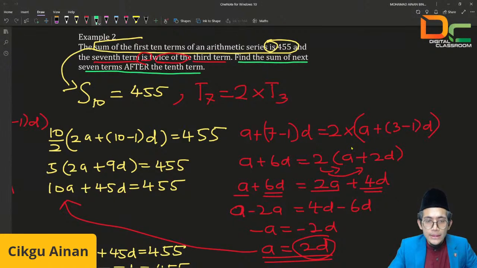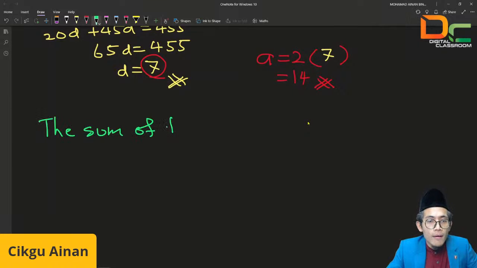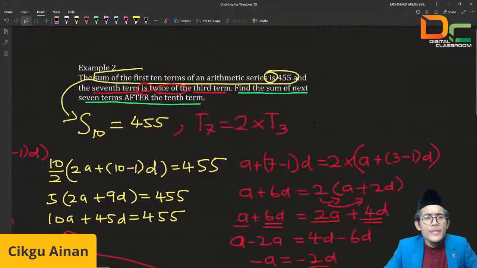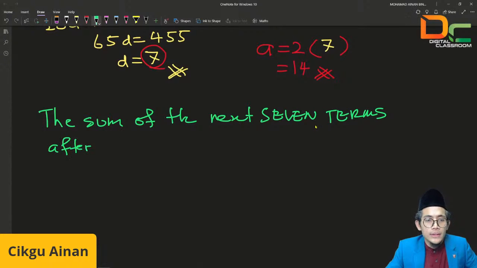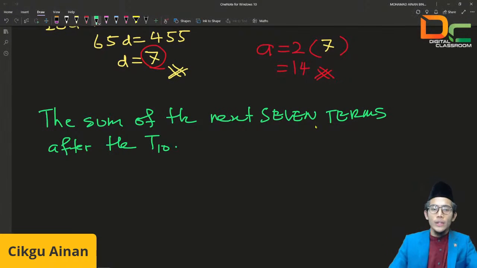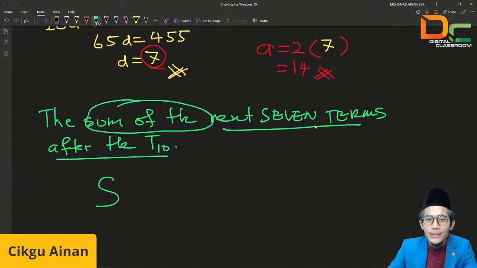Maybe I write the sentence again down here: the sum of the next 7 terms after the 10th term. I write it like this, easier for you to see. Now what does it mean by the sum? The sum is S.